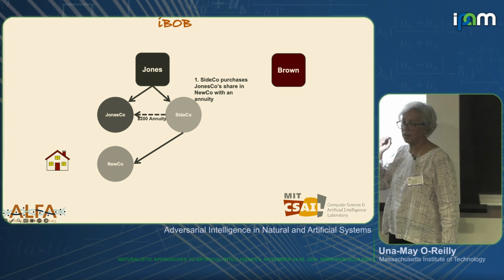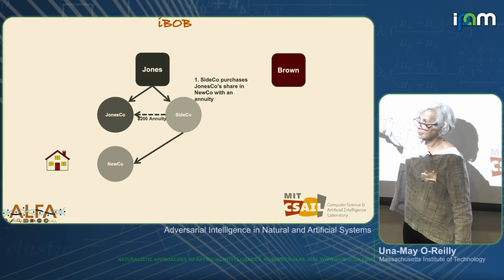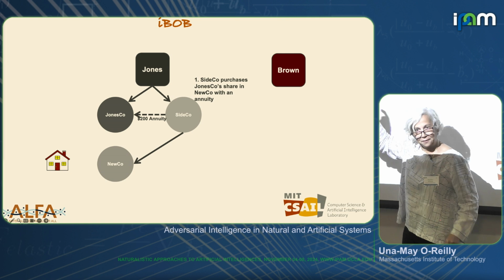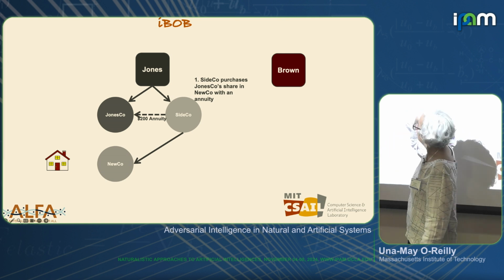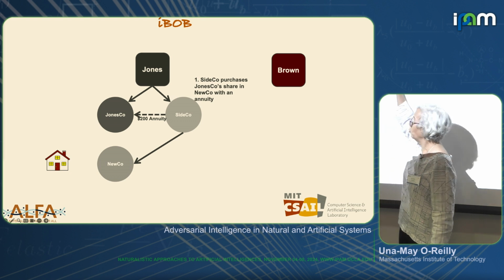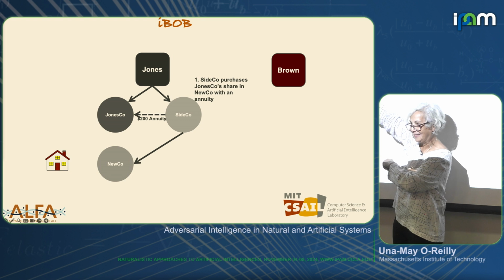And Sideco now says, I'm going to buy New Co. from Jones Co. Right? And I'm going to pay for it with $200, right? Because that's the fair market value of the house, $200. And I'm going to promise to pay Jones Co. in the future $200. And when Jones Co. gets that $200 later in the future, it will pay taxes on it.